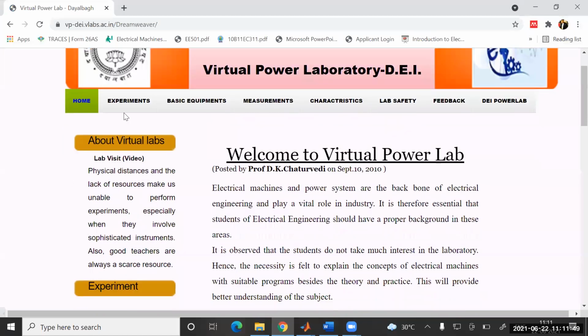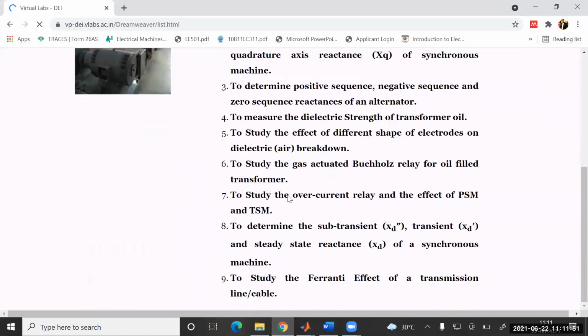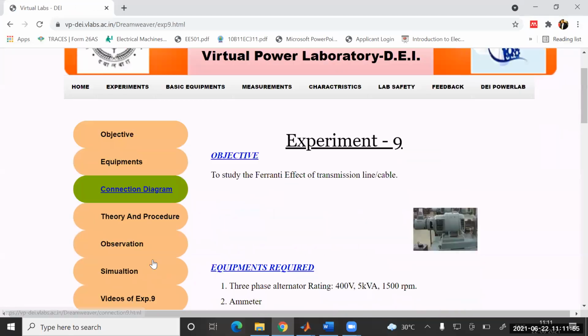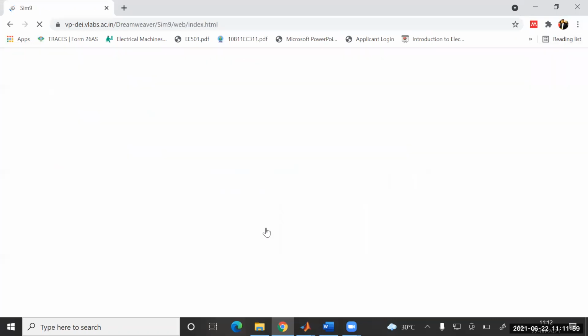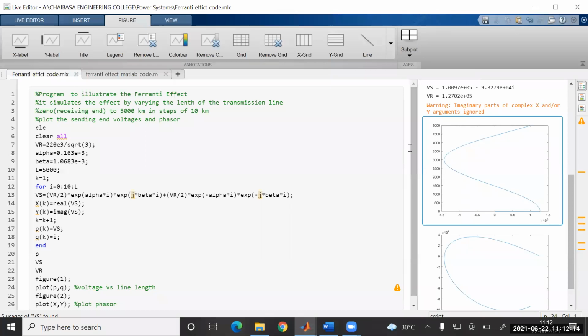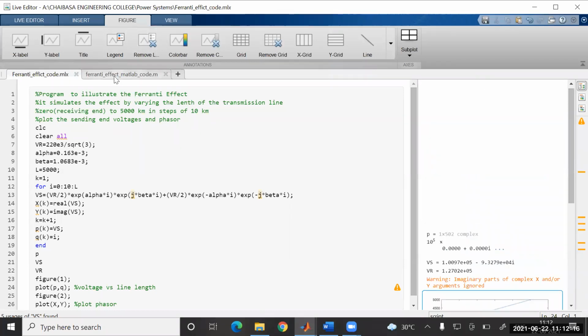We'll end this. It's not opening. So we could finally end this Ferranti effect.